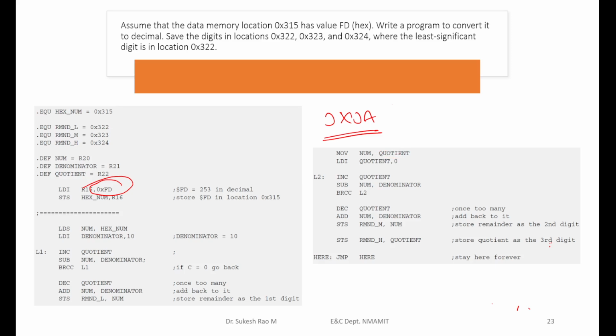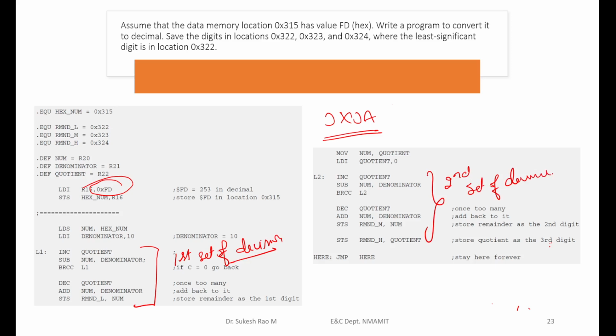So whatever the answer we get here, quotient and the remainder, one of the remainder is one of our result, but the quotient here what I get, that will become a new number for the division. That happens in the next set of the division. So this will be the first set of the division. This is going to be the second set of division. So here actually performs first set of division, and here we perform second set of division.